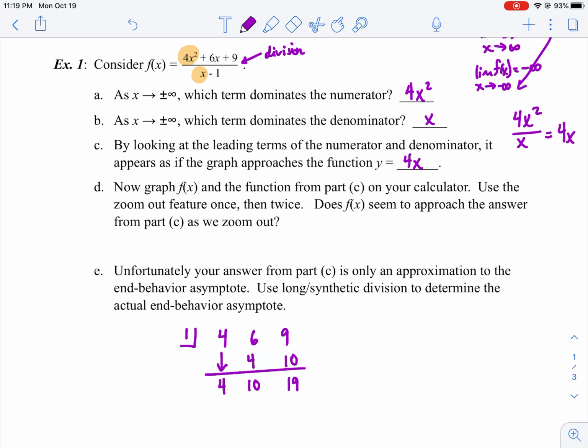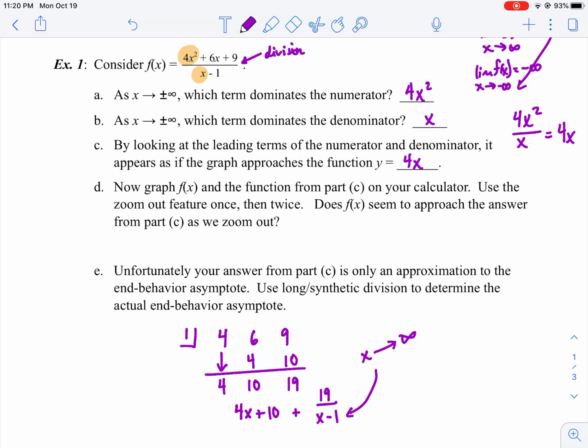So my power is going to drop. If it was originally a quadratic, then this is now 4x plus 10. And then I've got a remainder. One way we can write this is that the remainder still needed to be divided by x minus 1. If x is headed to infinity, then this would be 19 divided by a really big number.